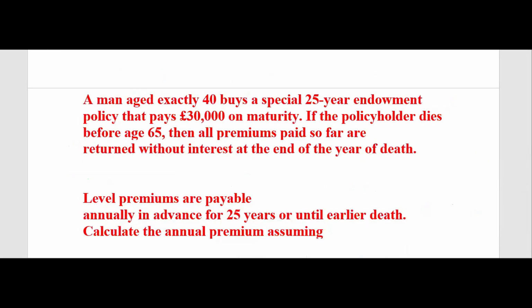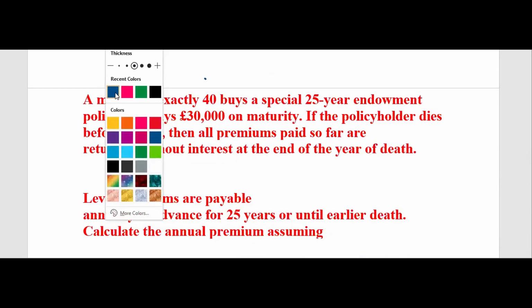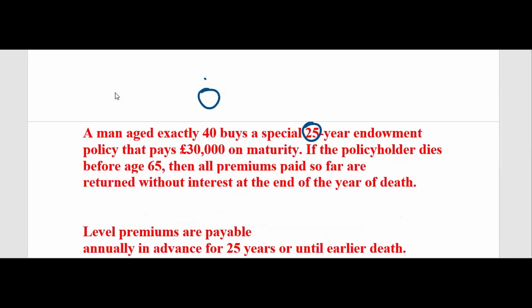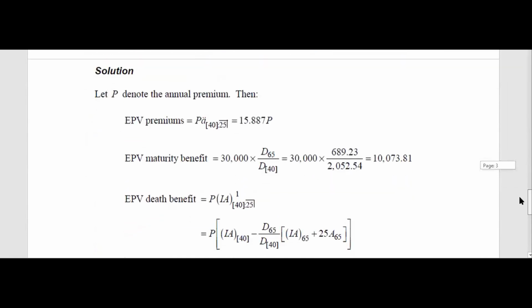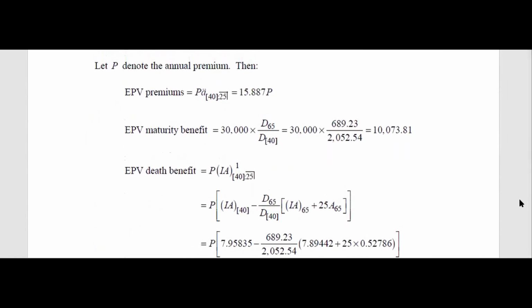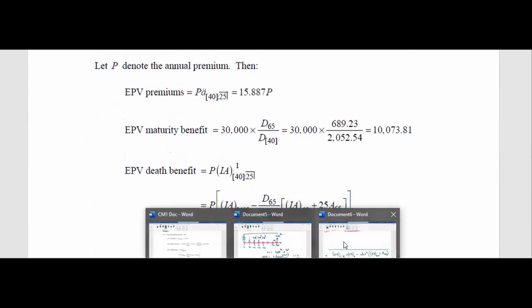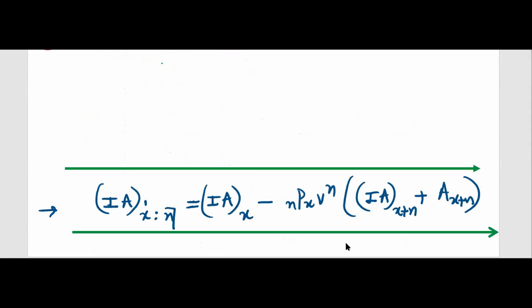Go to this question. What do you need? You need the age here, and the term here, 25. Okay. What more do you need? Yes, n, I forgot. Okay, let me write n here. Just a minute.